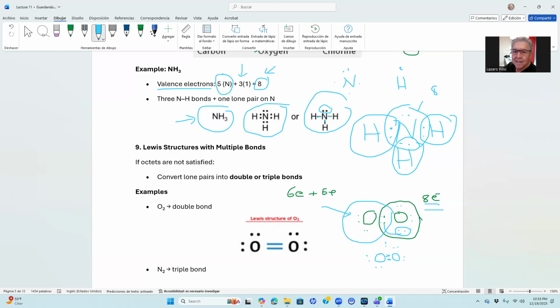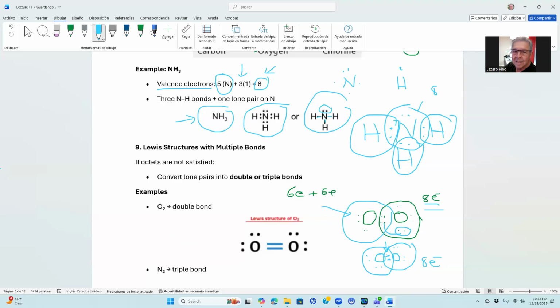Then making a double bond, now this atom has 8 electrons and this has 8 electrons, and both are good with the octet rule.